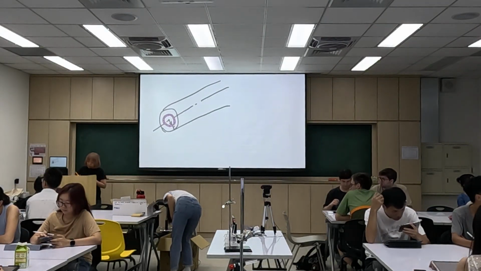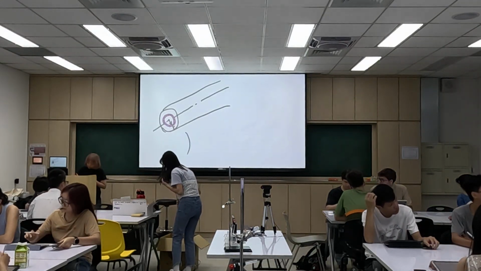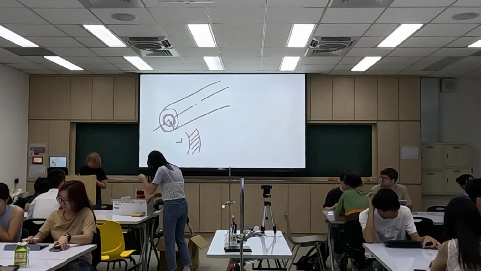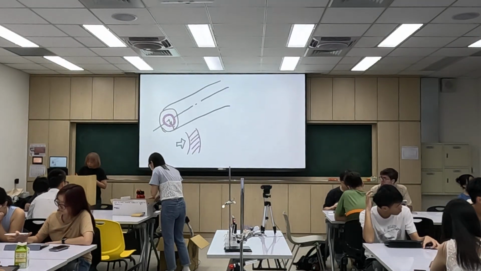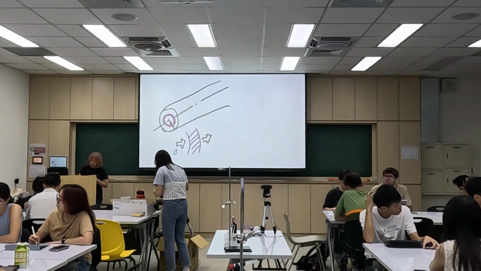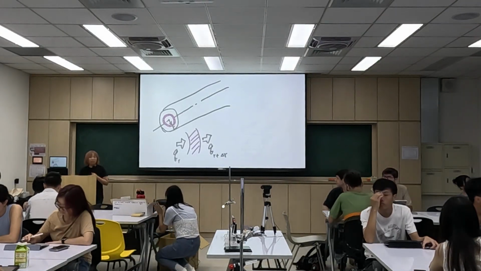And if we put it slightly bigger here, let's do it like this. The layer looks like this. So the heat is going to conduct from inside to outside. Okay, so this will be Qr, this will be Qr plus delta r.